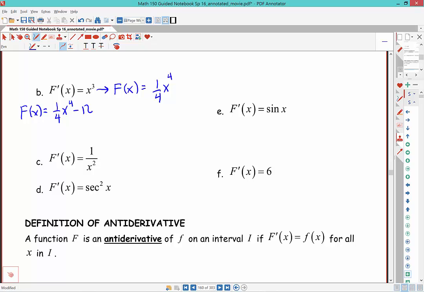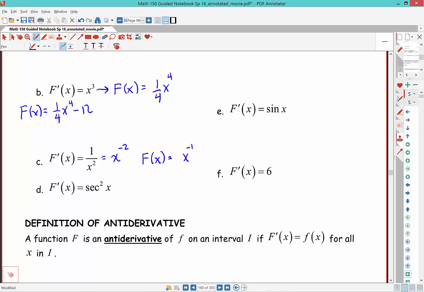There's many, many options. Now, this one can be written as x to the minus 2. So if something was decreased by 1 and you got a result of -2, the original function might have been capital F of x is, good, x to the minus 1, because when you take away 1 from that, you get -2.